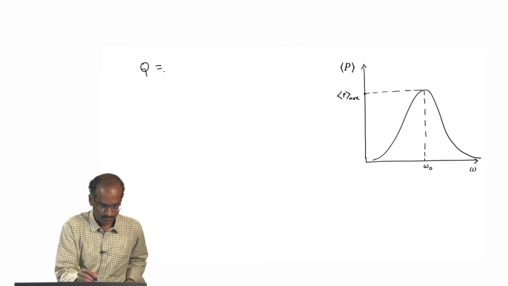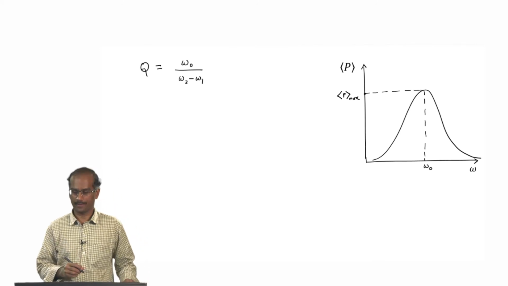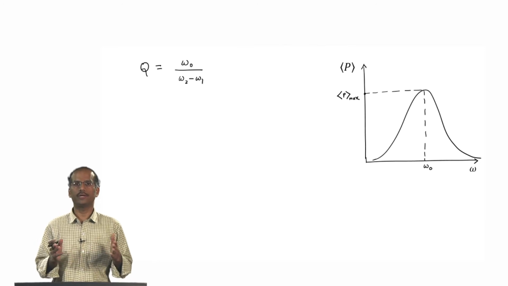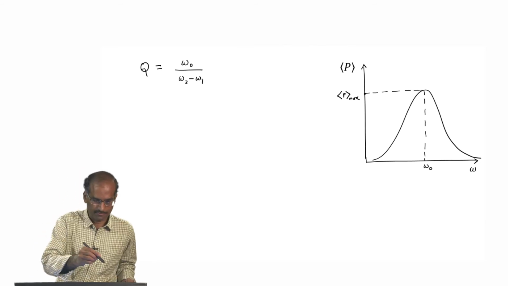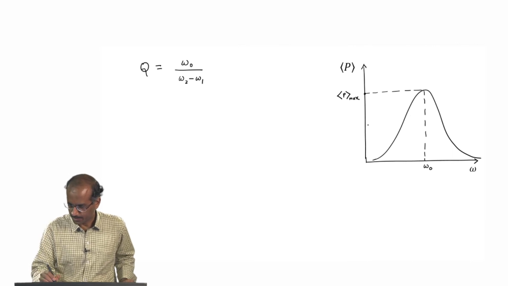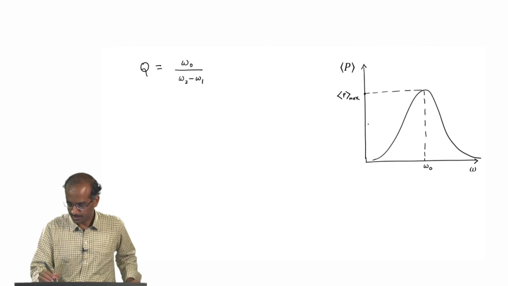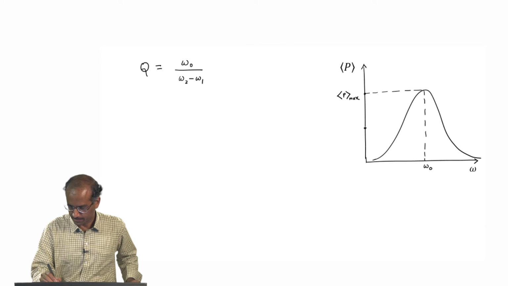that Q is equal to omega 0 divided by omega 2 minus omega 1, where these two quantities omega 2 and omega 1 are defined as follows. Let us define a value which is half the peak value, which might be somewhere here.